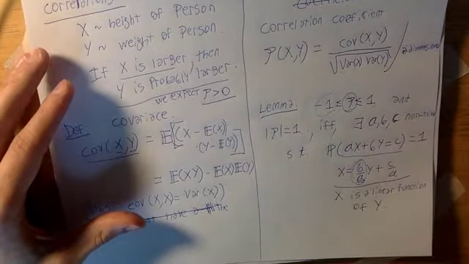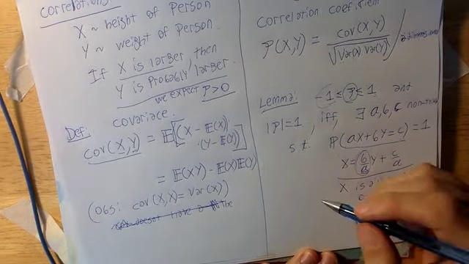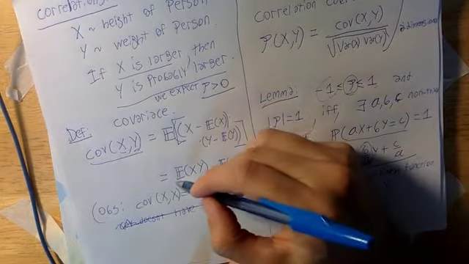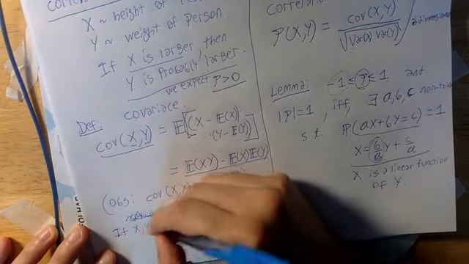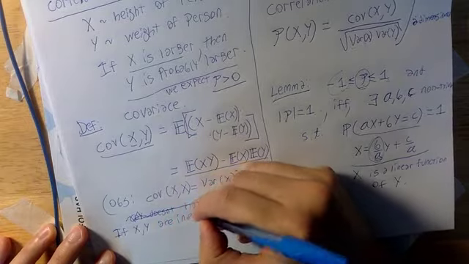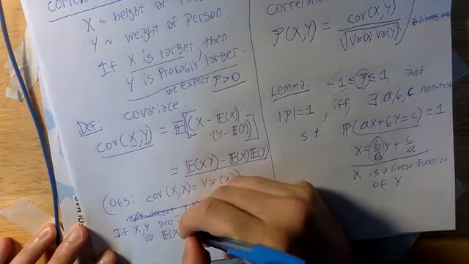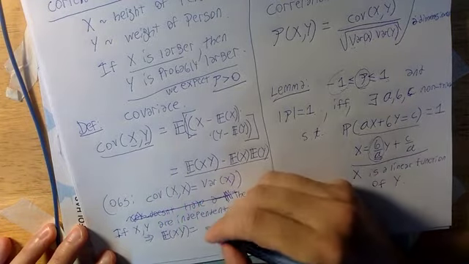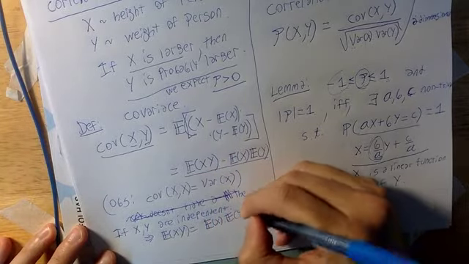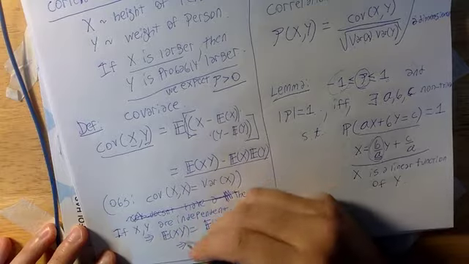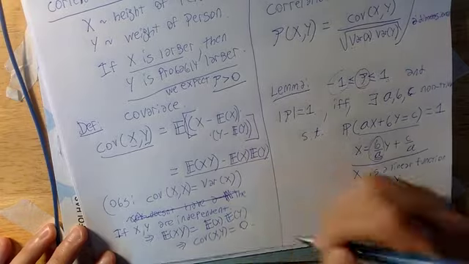And something I didn't say, but should be an observation, from the things that we have seen before: if x, y are independent, then E of x y is equal to E of x times E of y, which implies that the covariance of x, y is equal to 0.